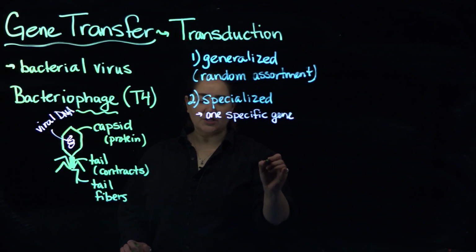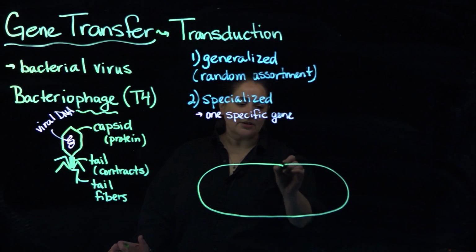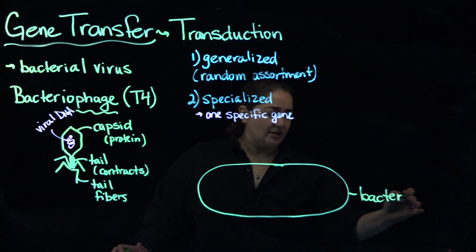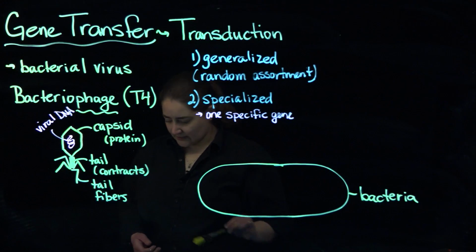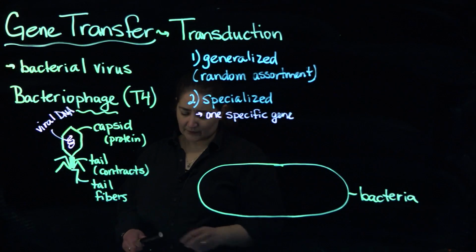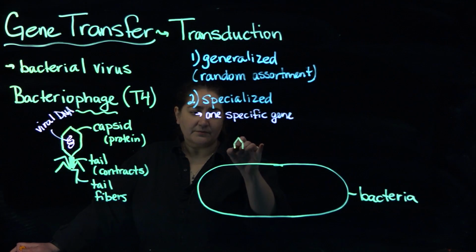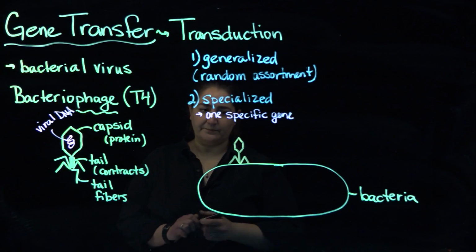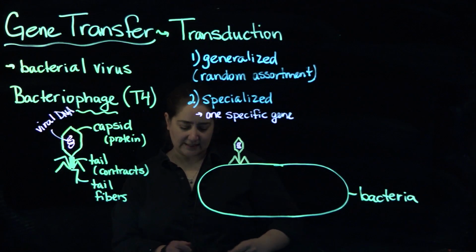Okay? With generalized transduction, what happens? And obviously my bacteria here is not to scale. This is going to be our unassuming bacteria that's just hanging out in the environment, doing its thing. And then you're going to have the bacteriophage sit down onto the bacteria. What it's going to do is inject its DNA.